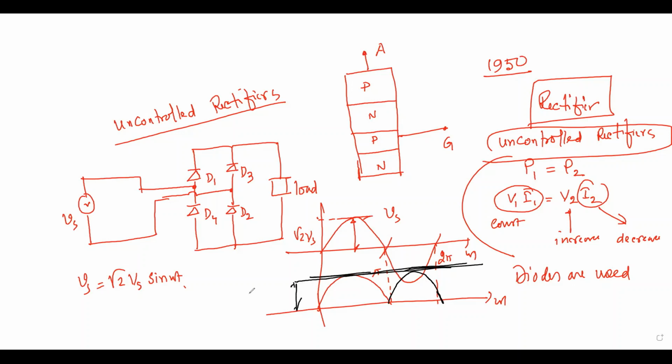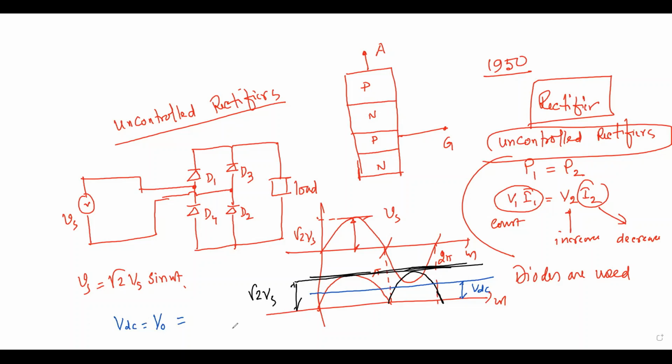So √2 Vs. And then what will be your DC value? This is your VDC, VO. What will be this DC value?